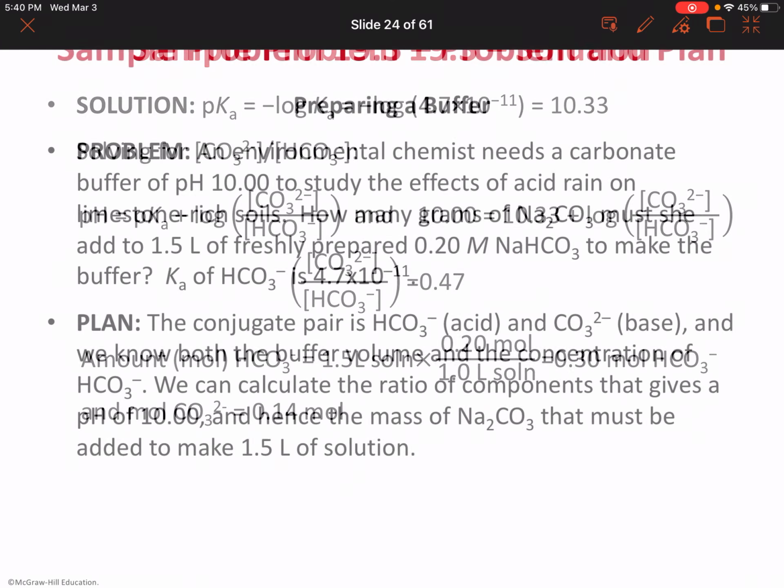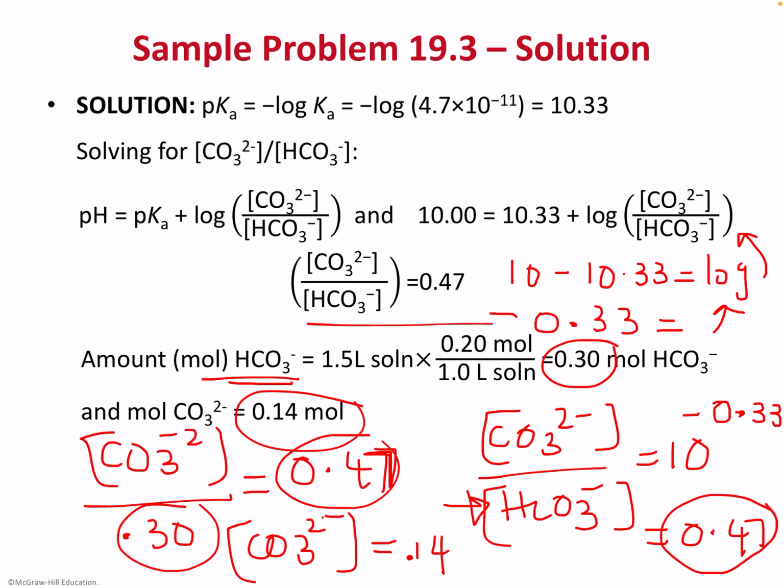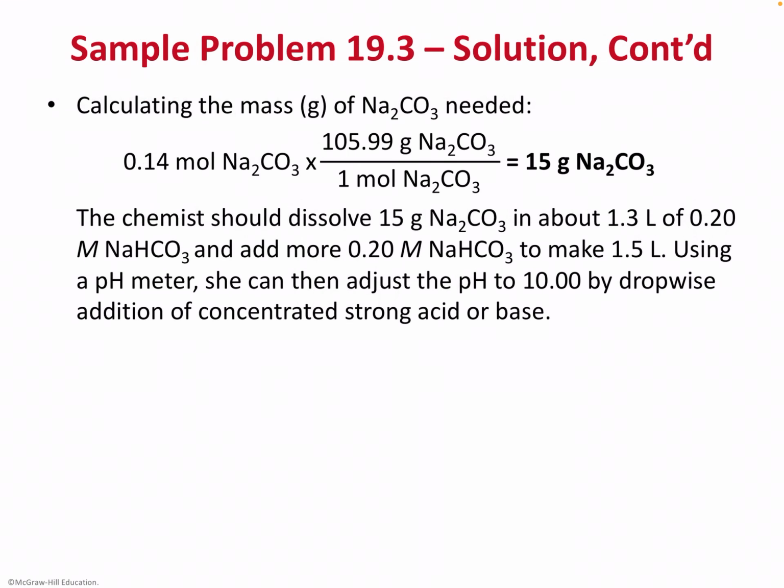Now the next question is how many grams of sodium carbonate must she add? Now we know the number of moles of carbonate, so depending on that we can find the number of moles of sodium carbonate and then the mass. So 0.14 moles carbonate.